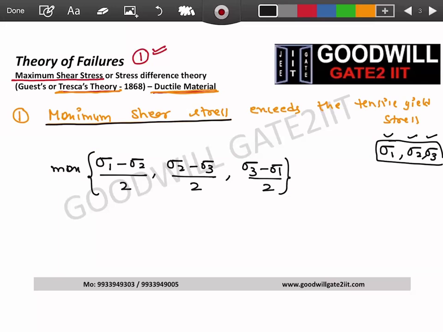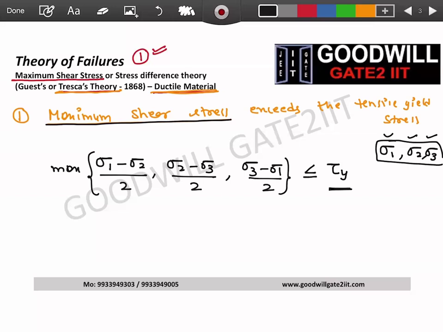If your maximum shear stress is less than or equal to the material yield shear stress, then you have a safe design. If your value is more than the material shear yield stress, and this is a material property, they will give you this in the exam.